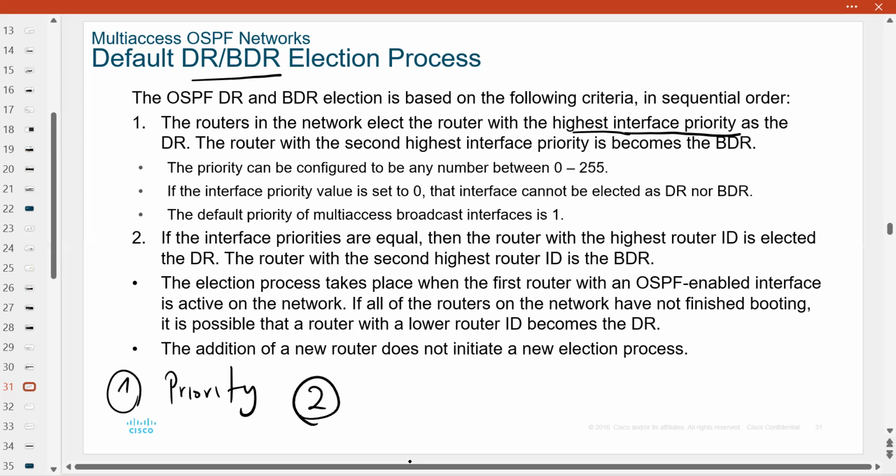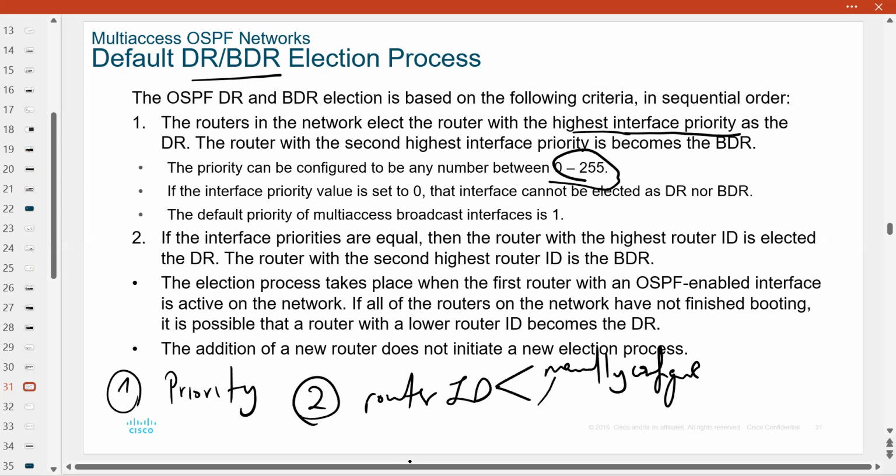First, priority first, that's a value between 0 and 255. Then number 2, we look at the router ID. What is the router ID? It can be manually configured. It can be a loopback interface. It can be an IP, the interface of an IP.